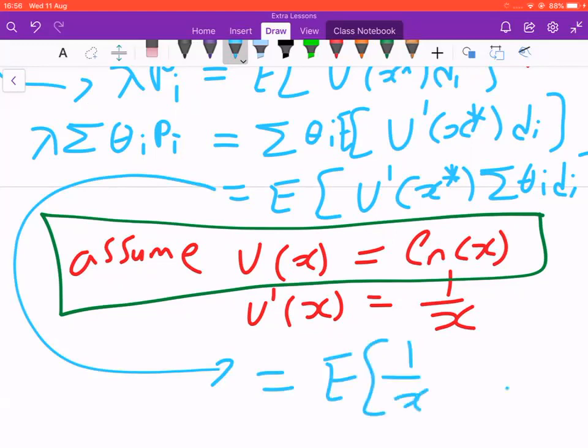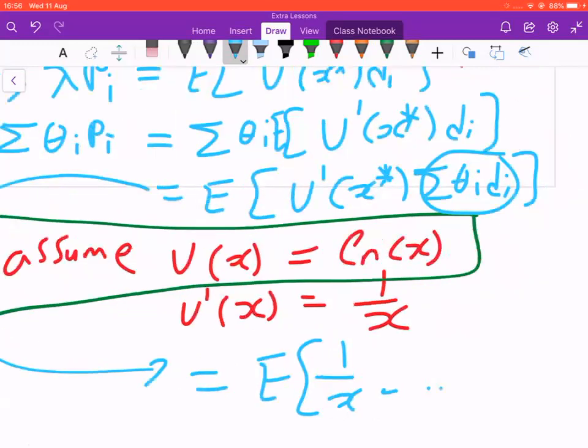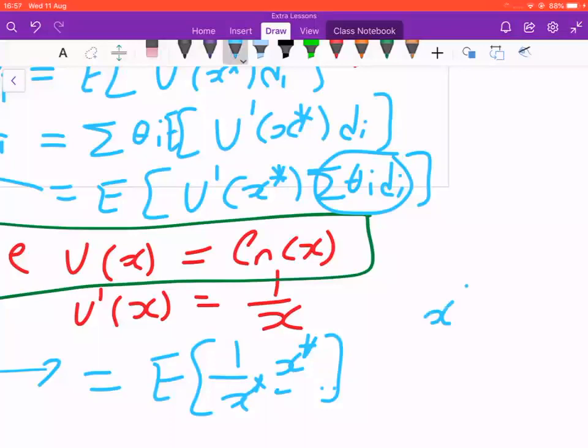And the sum of the prices times the P of x. We have defined x star as the sum of the P of times the amount of shares we bought, right? So this is by definition.